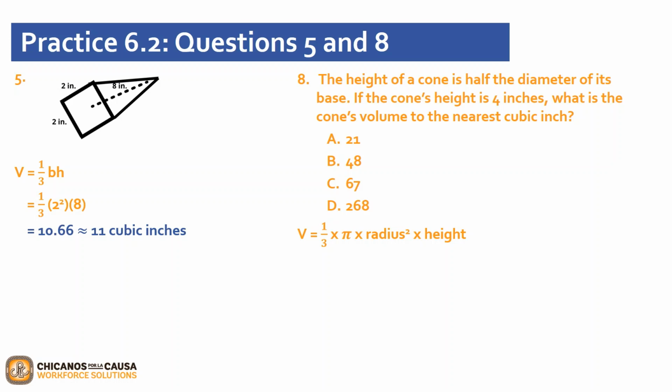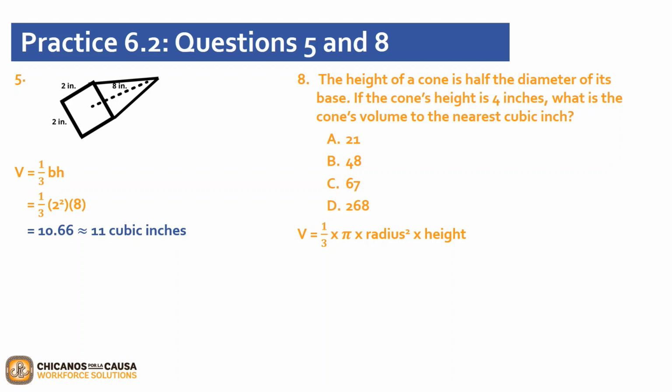However, as you can see, they did not give us the radius here, but they did give us a clue. It says that the height of a cone is half the diameter of its base.